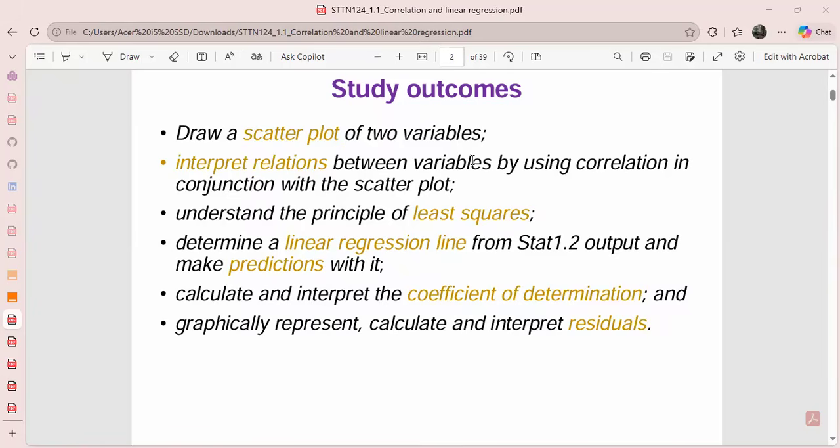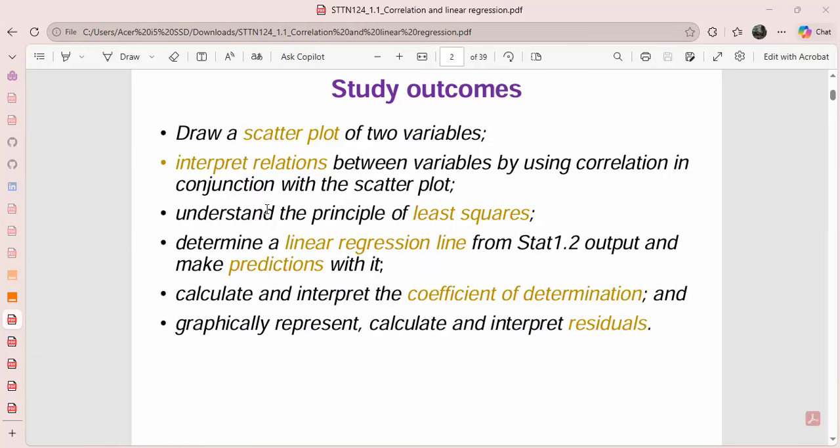Just do this. All right, now let's look at 1.1.